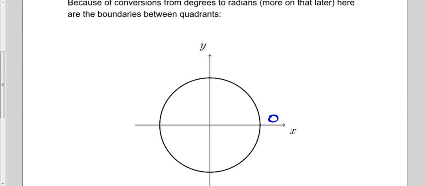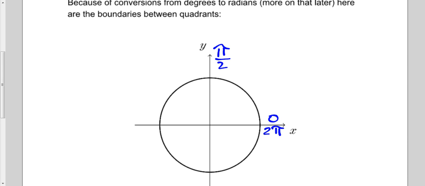All the way around is how many radians? 2 pi. So what is this in radians? Half pi.